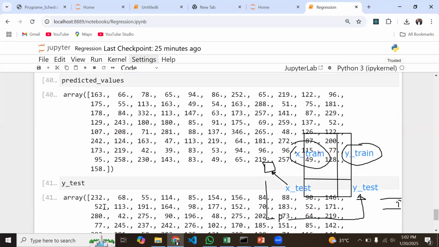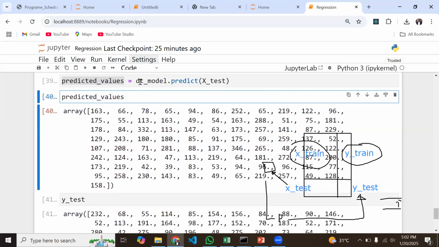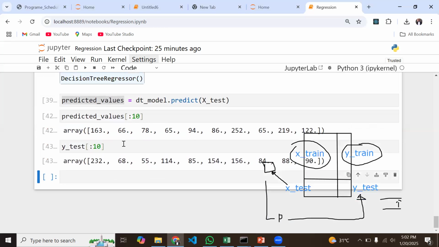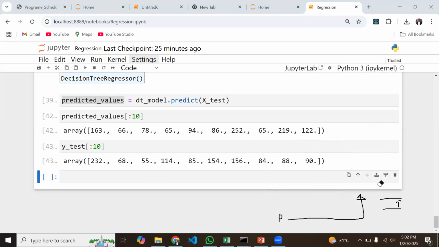So things look a little bit interesting here because, for instance, if you compare the first value, let me also do some slicing and grab the first 10. So I want to just get the first 10 over here and also just get the first 10 over here. All right. I think at this point I can clean whatever I have over here so that we can concentrate on the values we are predicting.